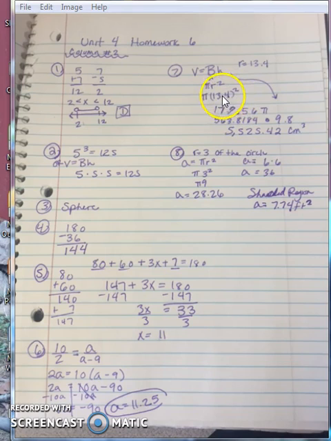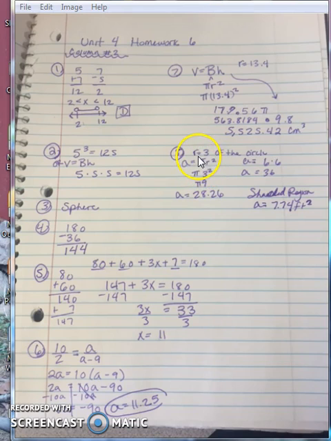When you multiply that out, you'll get 179.56 pi. We're going to multiply pi in there. Then we can multiply by our height of the cylinder, which is 9.8. And so it's a pretty large number, but it's 5,525.42 centimeters cubed.